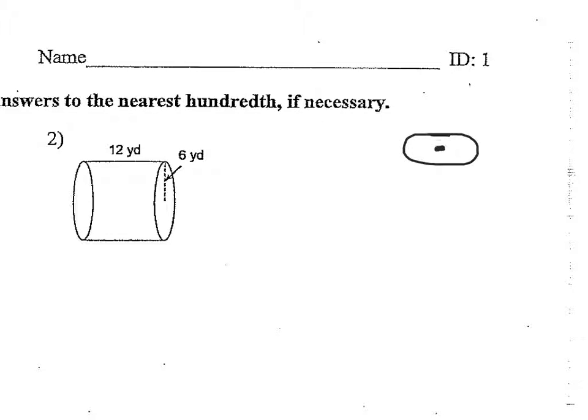So remember that the area of a circle is pi times the radius squared. To square something, that means that we just take that number and multiply it by itself. And remember that the radius is always halfway across the circle. The diameter is all the way across, but we need the radius.